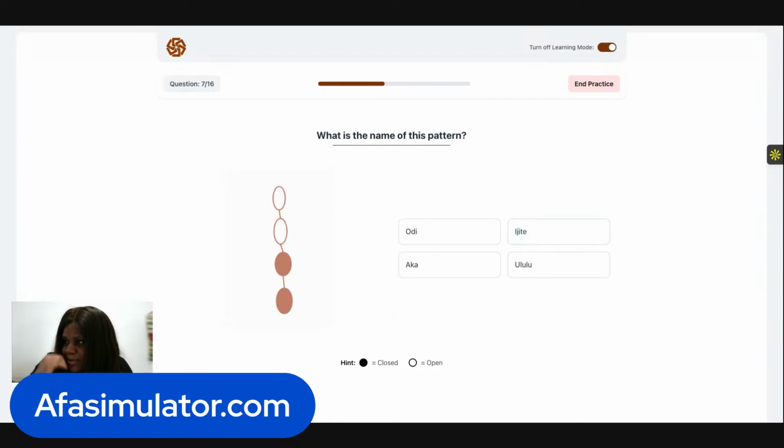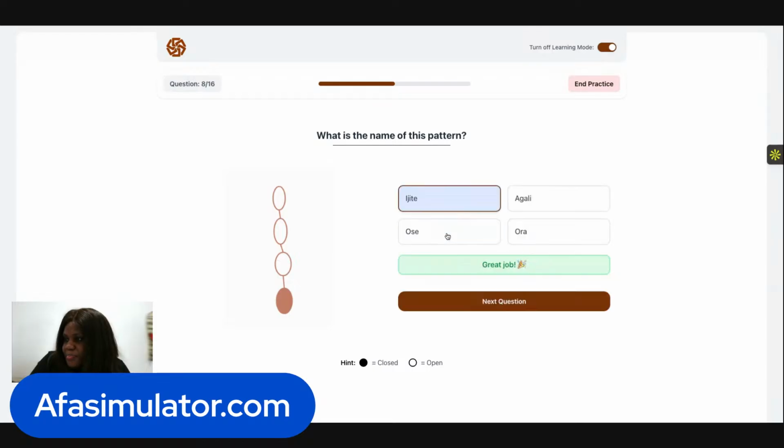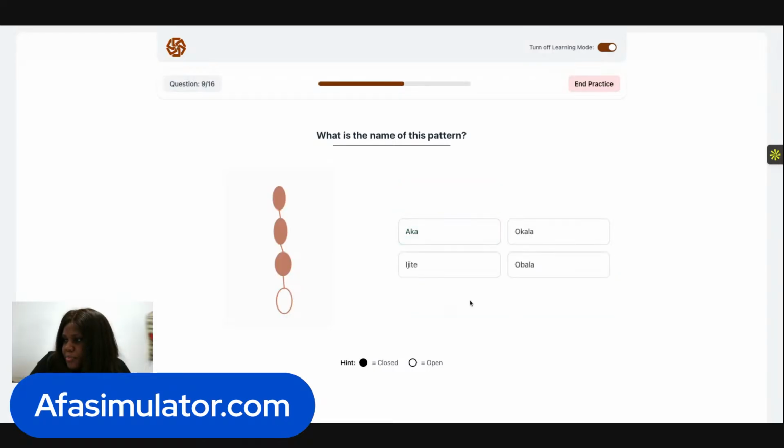This is Ululu. This is Ijite. This is Okala.